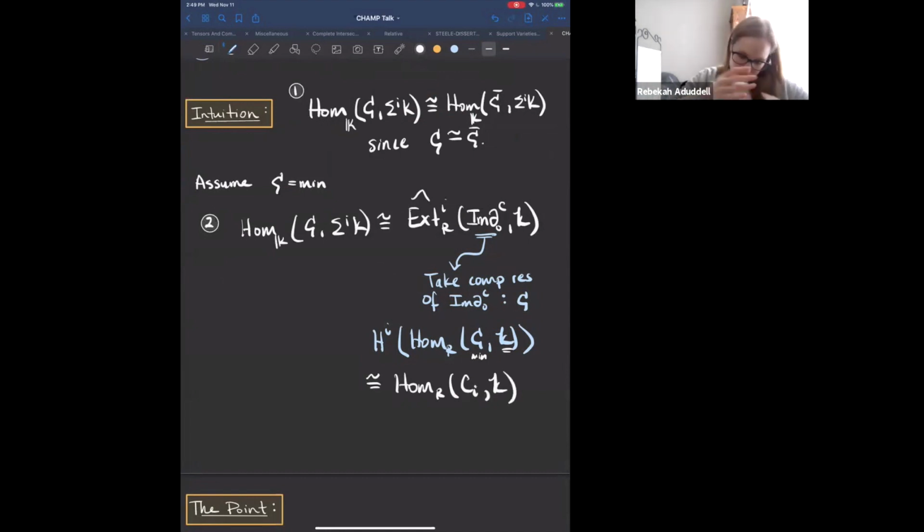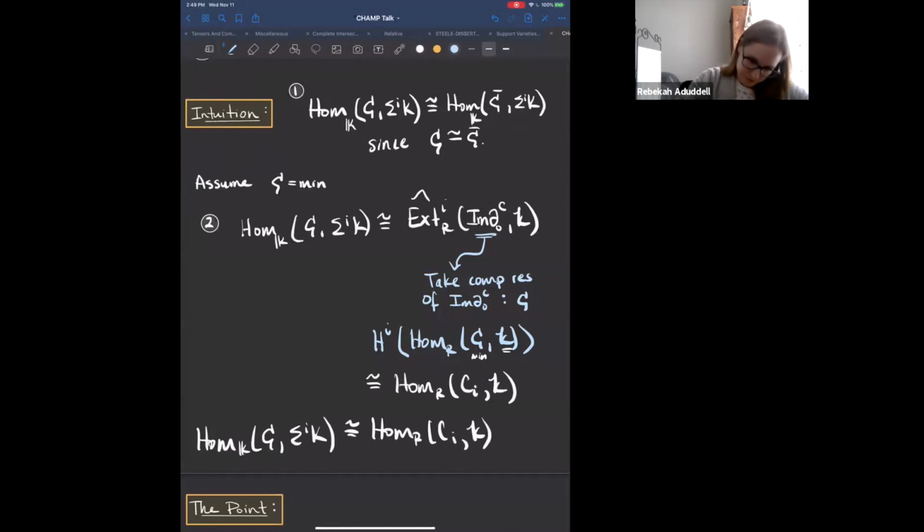So what I'm saying is we have this isomorphism between the Hom over the category of the complexes and a Hom of our modules.